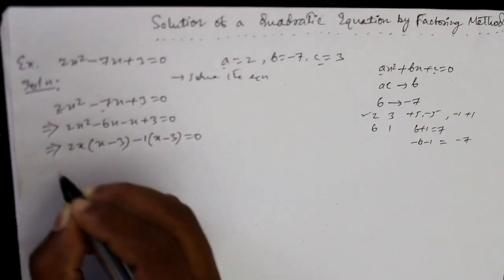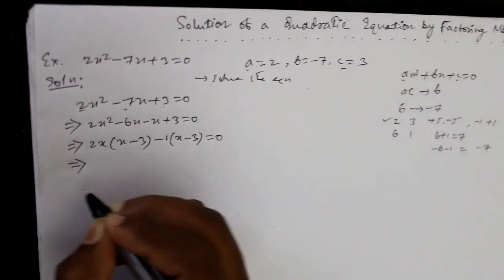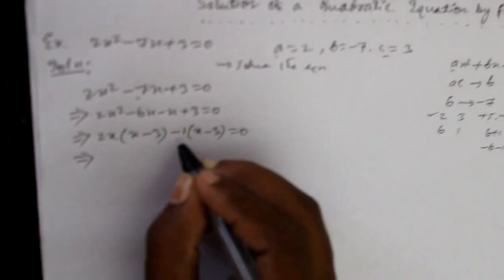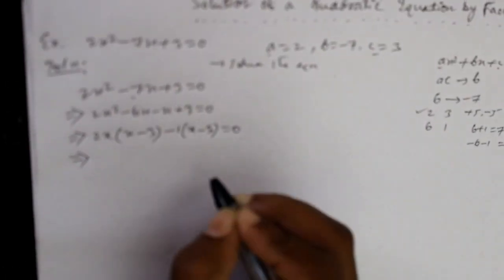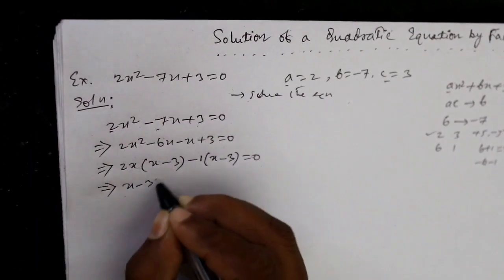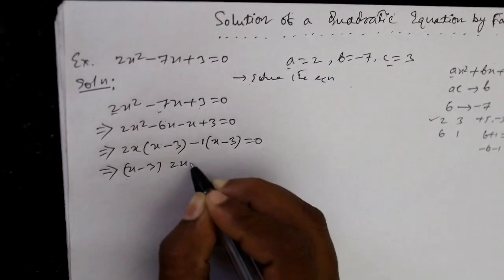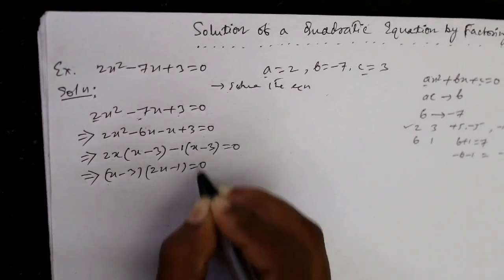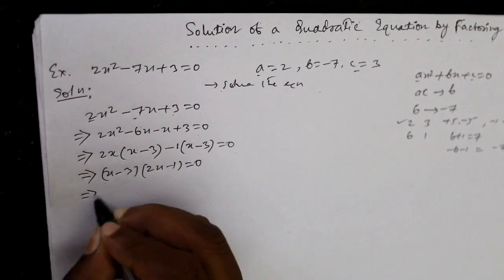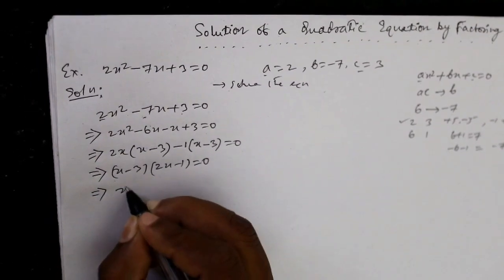Then we can write this x minus 3 one time by taking it common: (x minus 3) into (2x minus 1) is equal to 0.